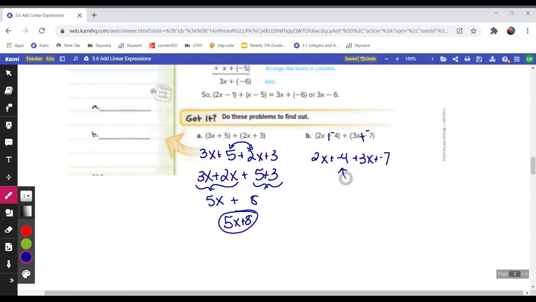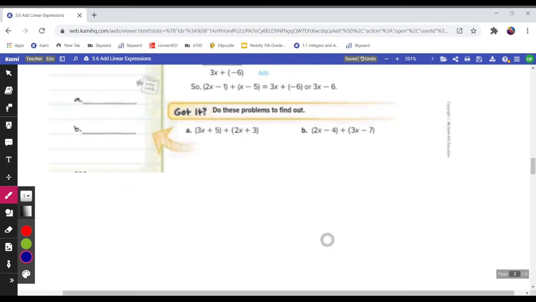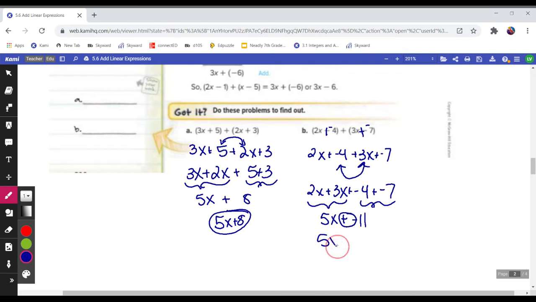Then I'm going to use my commutative property of addition, and switch negative 4 and 3x. 2x plus 3x plus negative 4 plus negative 7. We have 5x plus negative 4 plus negative 7 is negative 11. Again, we can't leave it as plus negative, so this is simplified to 5x minus 11.